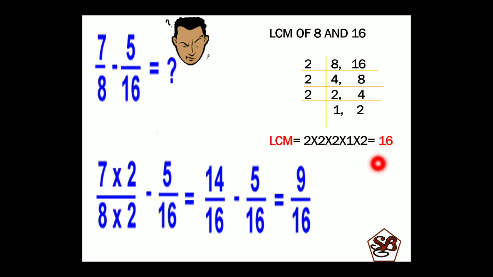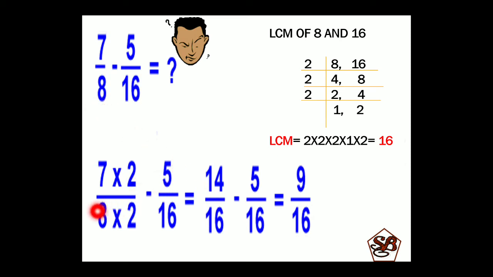That means both the fractions should have denominator as 16. Here one fraction is already having the denominator as 16. So we will convert the other fraction to have a denominator of 16.